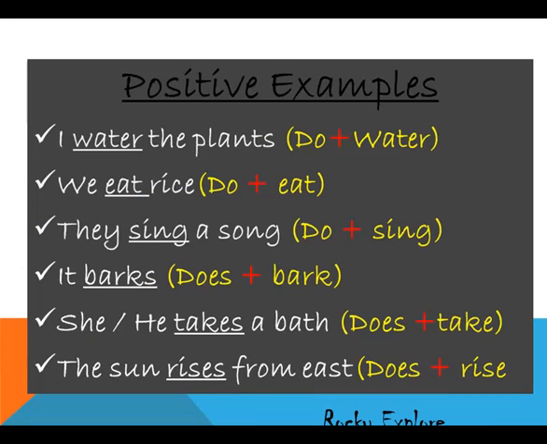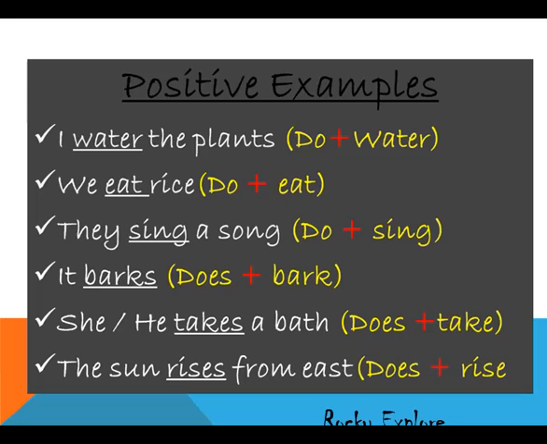Positive examples for do and does are as follows. I watered the plants. Here, as I said before, if I just talk about the verb water, it can stand alone. But if I use the verb water in a sentence, it has a great meaning underneath, that it is constructed with the conjunction of the verb water and the verb do, depicted in the brackets.